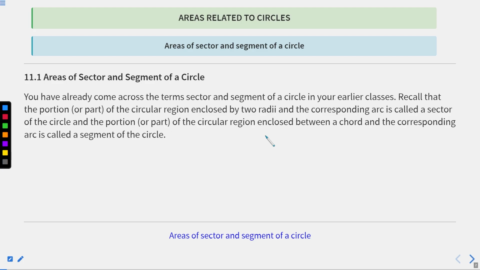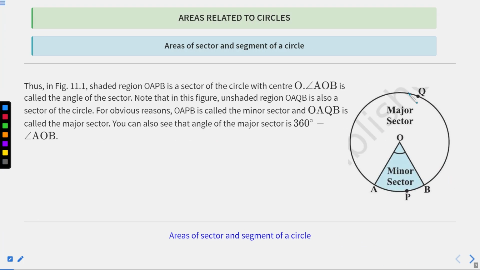Now you can visualize this in the figure. Here OAPB is a sector of the circle. It is enclosed by two radii and one corresponding arc.